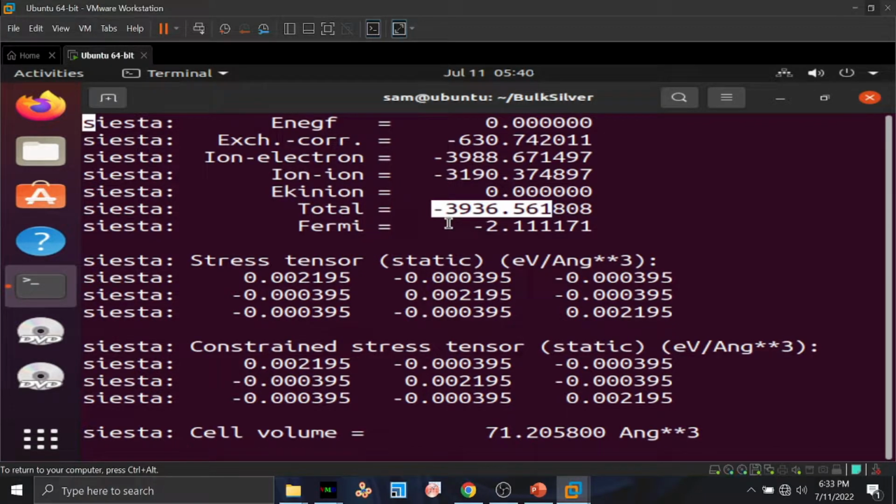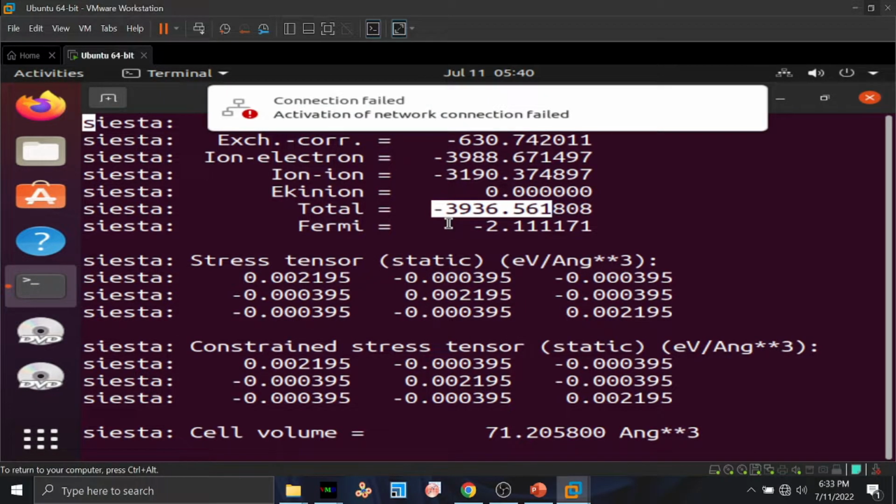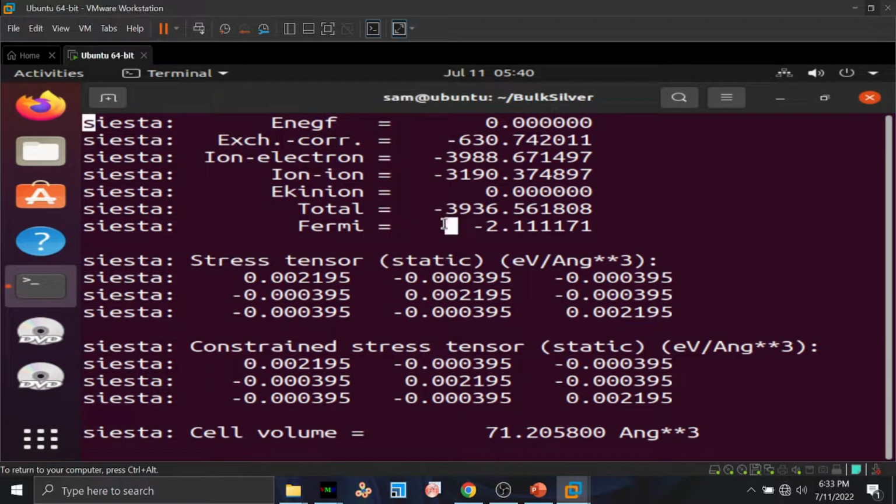The initial energy shows that the geometry or structure we took for simulation was in a high energy state, and after optimization it comes to the ground state energy.